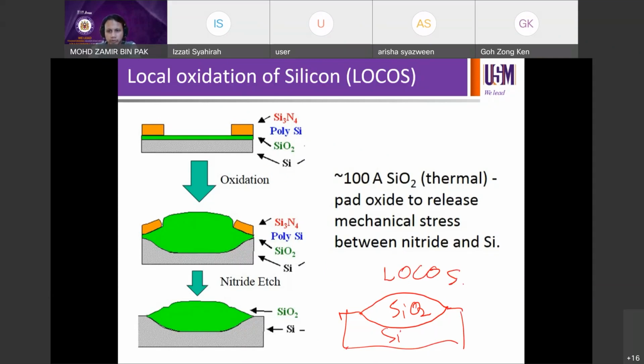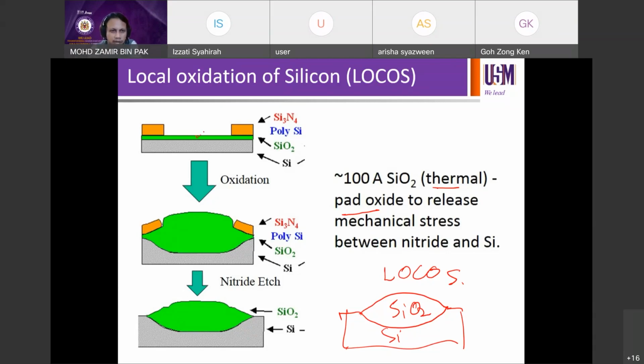So what is the LOCOS process? It's a process where we have about 100 angstrom of silicon dioxide, we call it pad oxide, to release mechanical stress between nitride and silicon. So let's see what's actually happening. You started off with your silicon wafer, bare silicon, then you grow your oxide on the silicon.